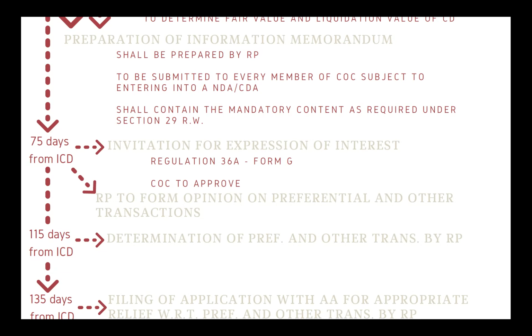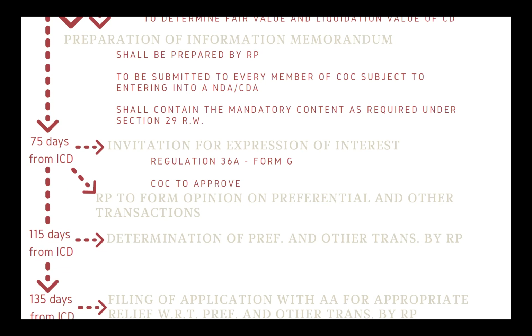The content says: the public, this is so and so RP of so and so corporate debtor, and I hereby invite expression of interest from you to take over or resolve this entity. Come up with your plan. How do you resolve this entity? There are various claims. How do you pay off these claims? You pay off the claims and take over control of the company. That is an invitation for expression of interest.